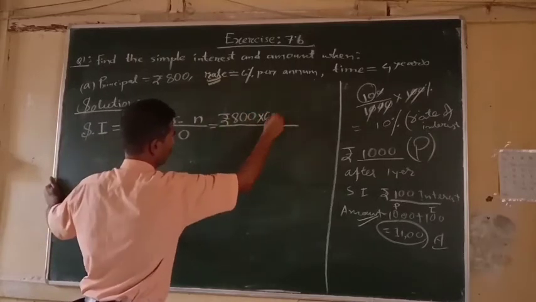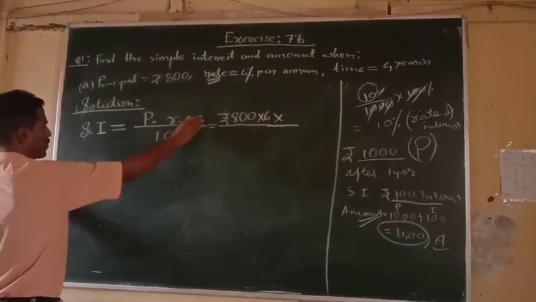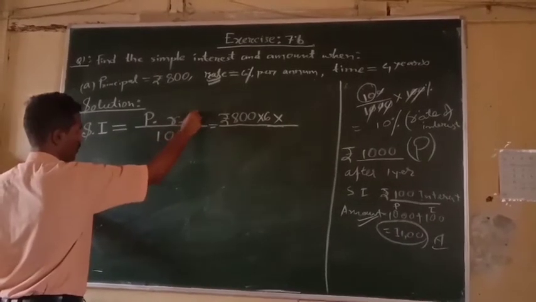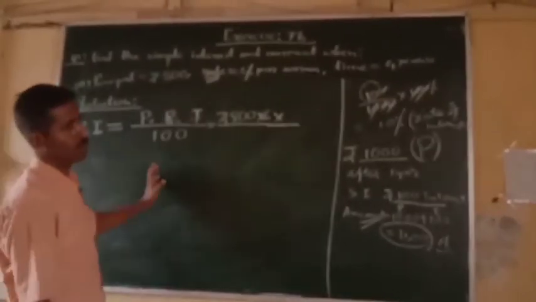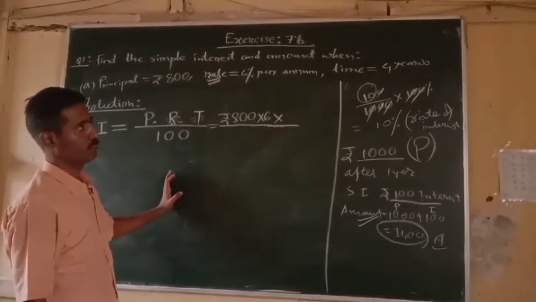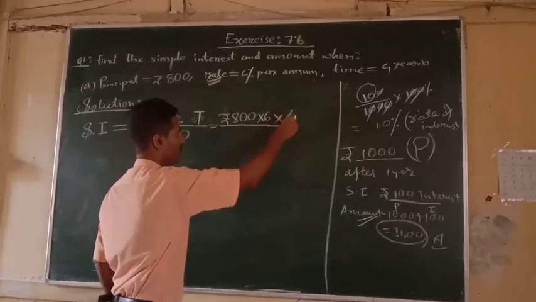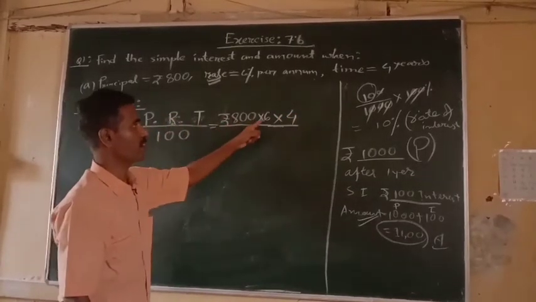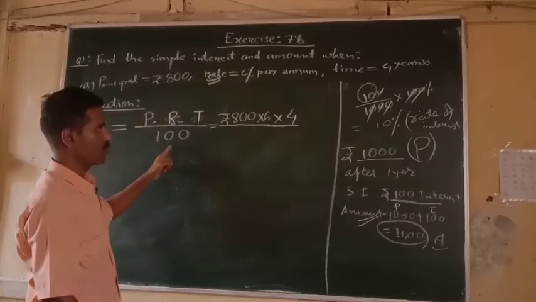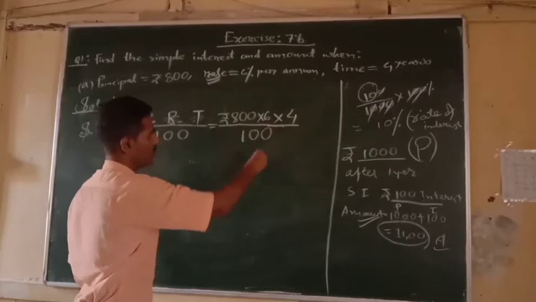Then time, N means number of years, or if you want you can write T also, no problem. T is 4 years, so right here 4. P into R into T, and below in the denominator place there is 100.